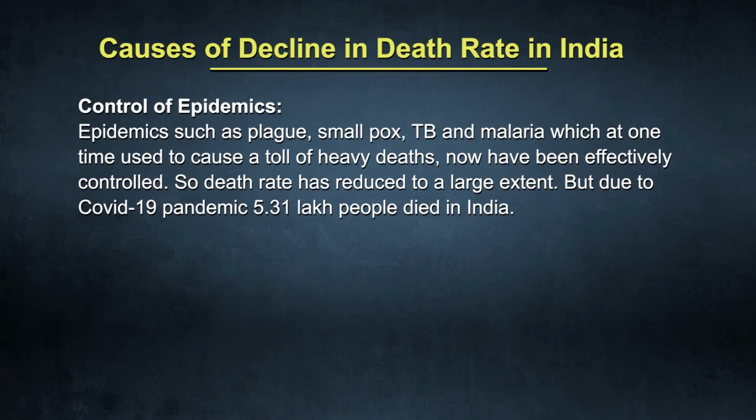During the course of time, the government health service as well as private health service were also able to manage the epidemics like plague, smallpox, and diseases like TB and malaria, and as a result we have experienced a low death rate. But during the COVID-19 pandemic, we have experienced a loss of life to the extent of 5.3 lakh people in our country.